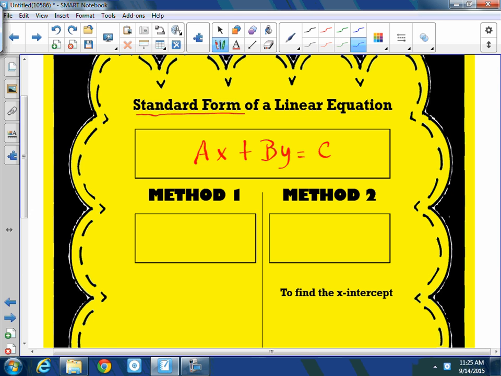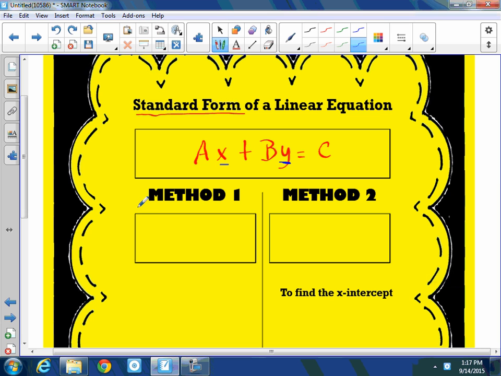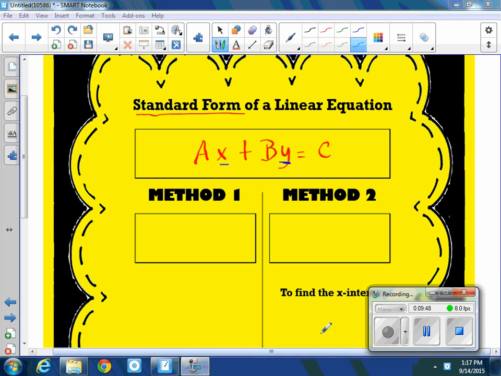So I have x and y on the same side of the equal sign. A, B, and C could be any number that is rational, and there are 2 methods that you can use to solve this equation.